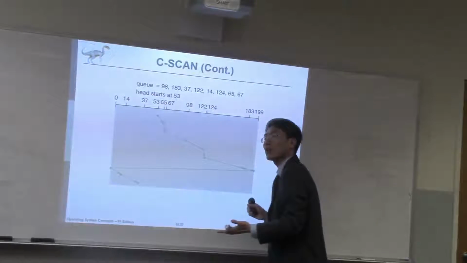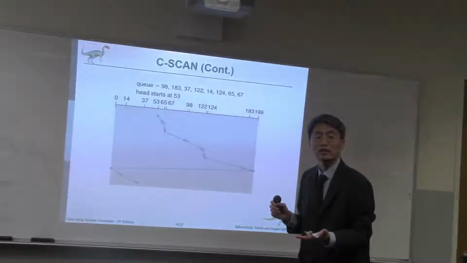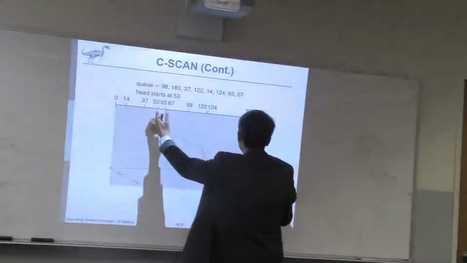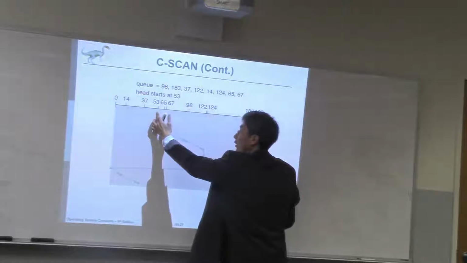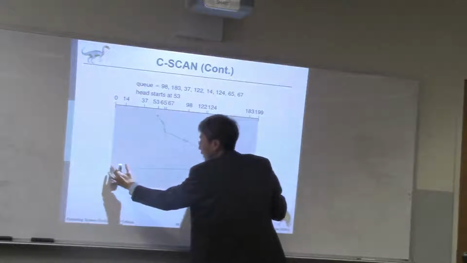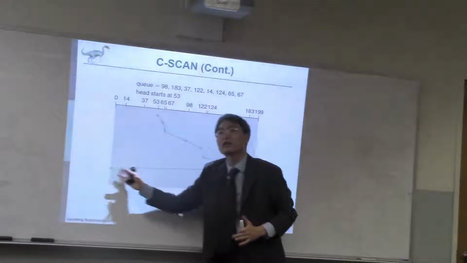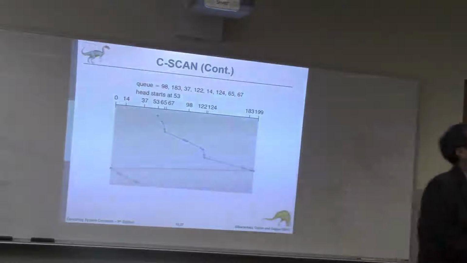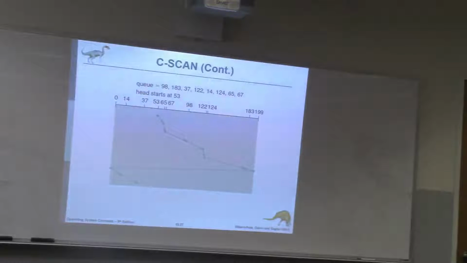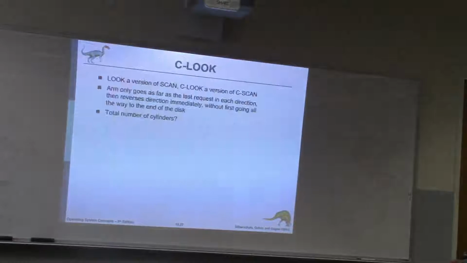Then the total moving distance, the seek time latency, is from 53 to 199, plus 199 plus 37. So you need to also add this amount of time for the latency. But it's fair to any data. Okay, that is the C-SCAN. What about the C-LOOK?